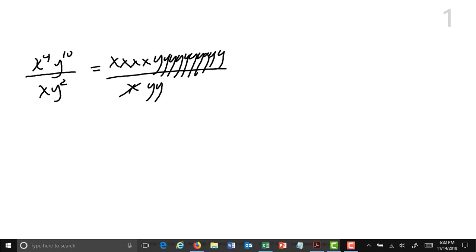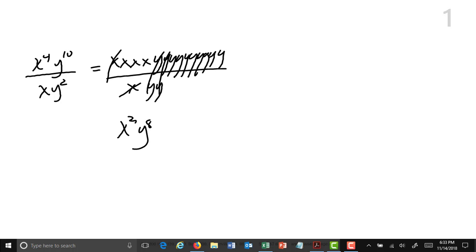Guess what? x goes into x. Oh, guess what? That's 3 copies. Guess what goes into there? How many copies of y do I have left? Okay, 8. In general, you can think of this as nothing more than copies. We have 10 copies here and 2 down here.